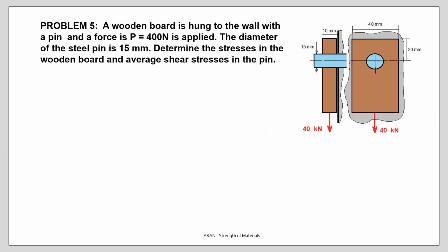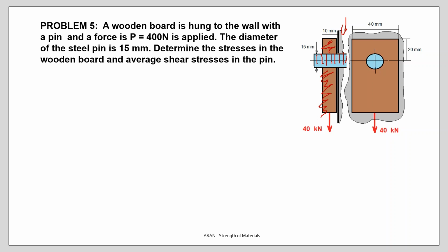Okay, let's take a last problem. We have a wooden board. So this is my board. It is hung on a wall, and on the wall we have a pin.